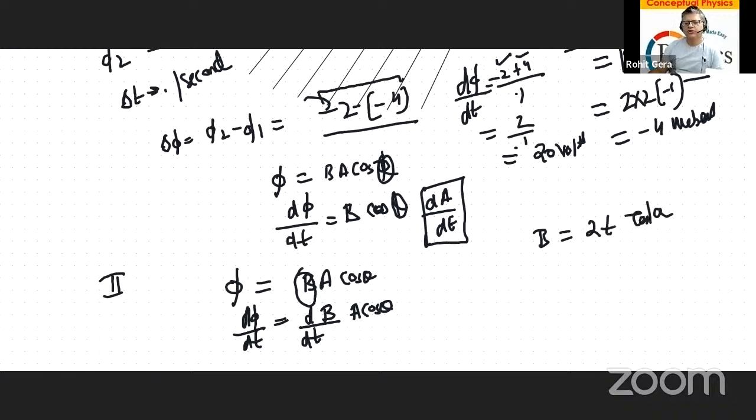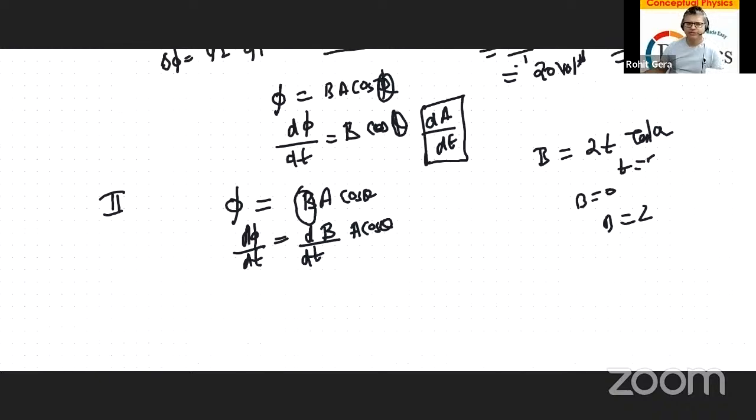At t is equal to 0, magnetic field is 0. At t is equal to 1, magnetic field is equal to 2 Tesla. At t is equal to 2, it keeps on changing. So what I will do, say, okay, no problem. So you are going to change the magnetic field. So flux is equal to 2t into A into cos theta.